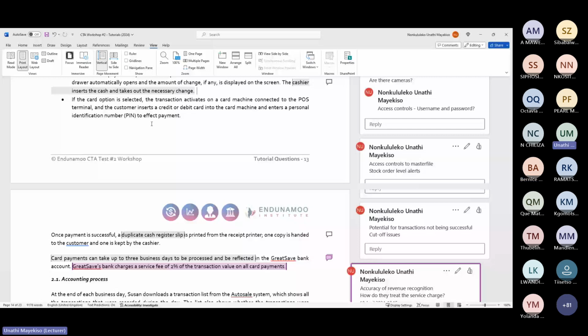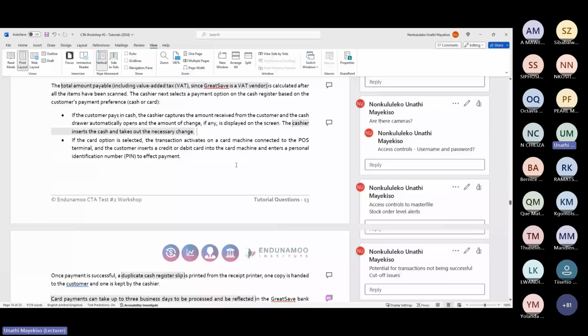That goes with the transaction being activated on the card machine, which is connected to the point of sale system. It's not the same as with cash. I know at other stores the person physically enters the amount you have to pay, but that's not what's happening here.